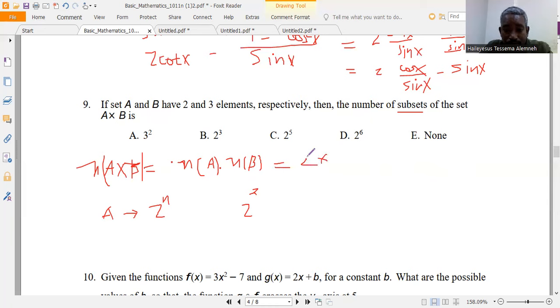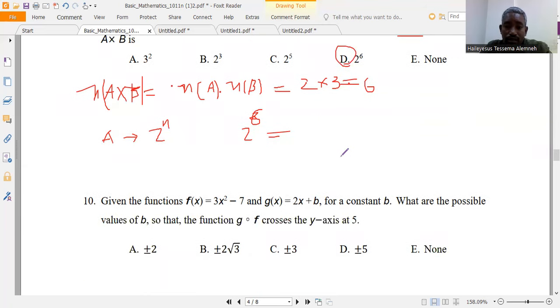The number of Cartesian elements is 2 times 3, which is 6. Therefore, the number of subsets for the Cartesian product is 2 to the power of 6, which is the solution.